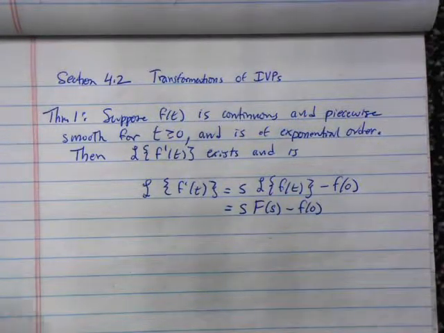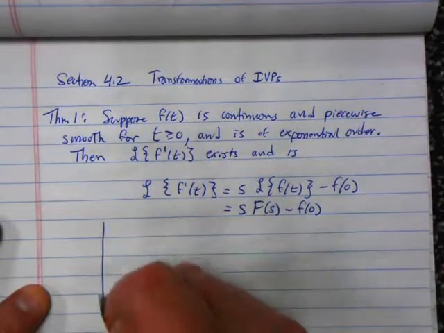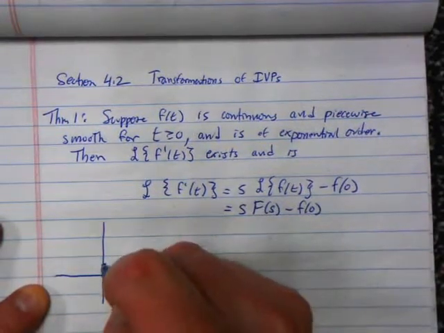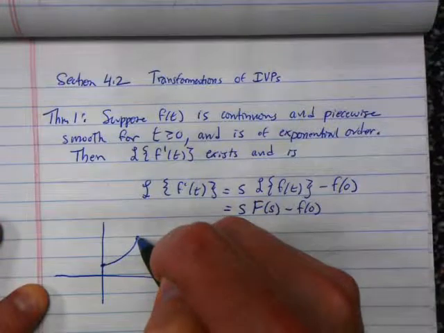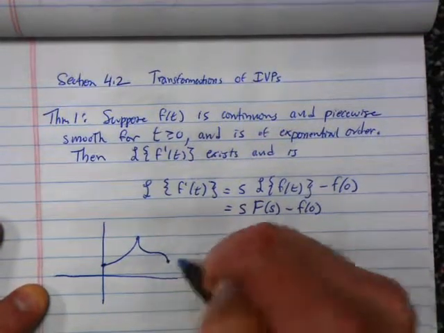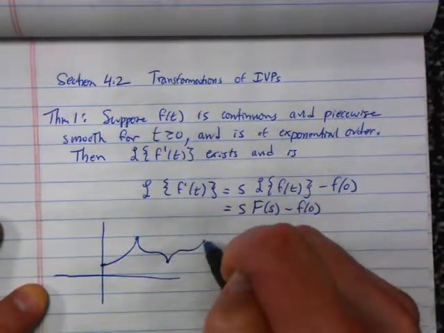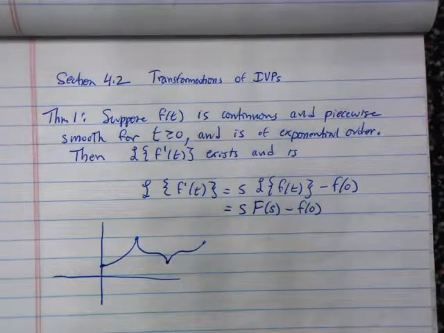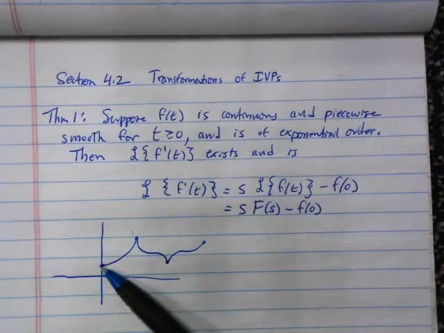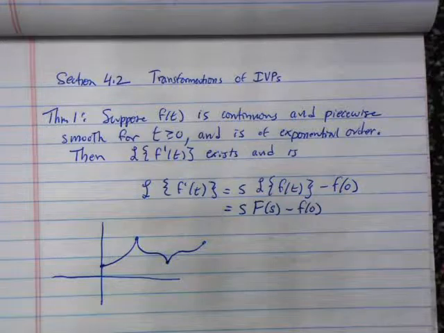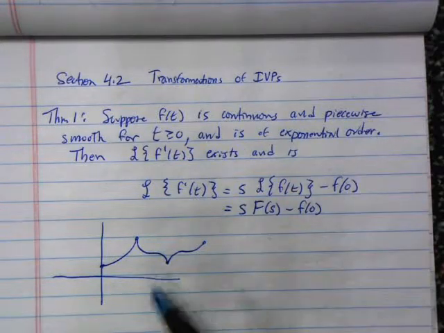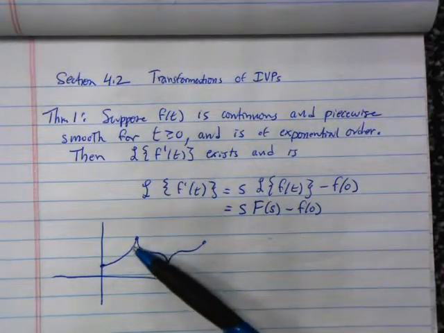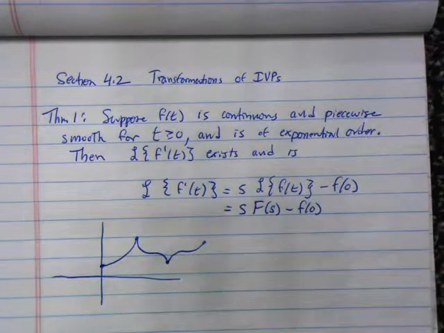So a continuous piecewise smooth function might look something like this. There might be a cusp there, there might be a cusp there, like so. It's continuous, it's all connected, no holes, no jumps. Piecewise smooth means there's at most a finite number of sharp corners like that.